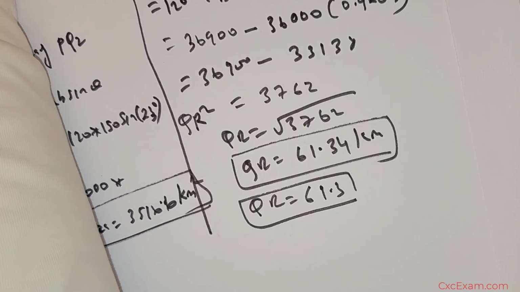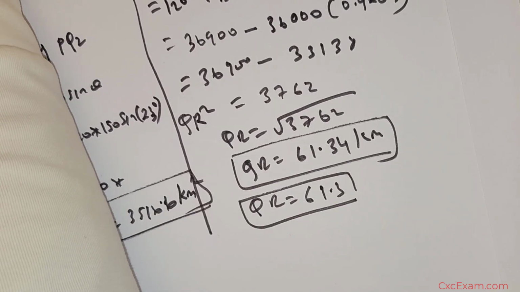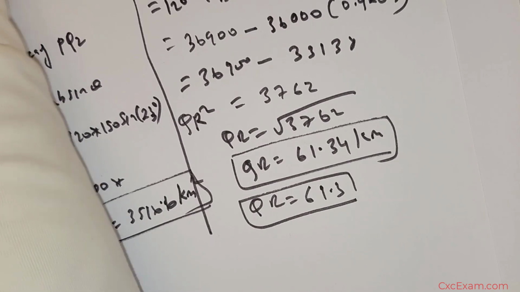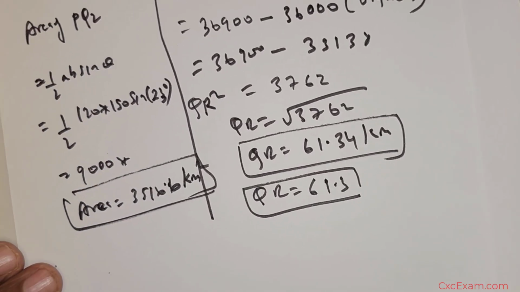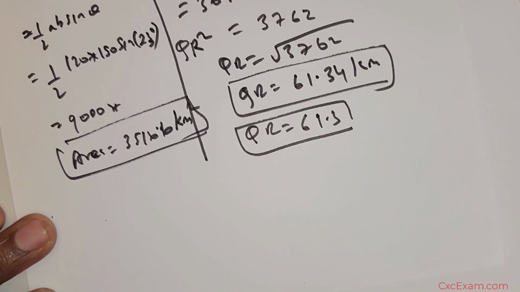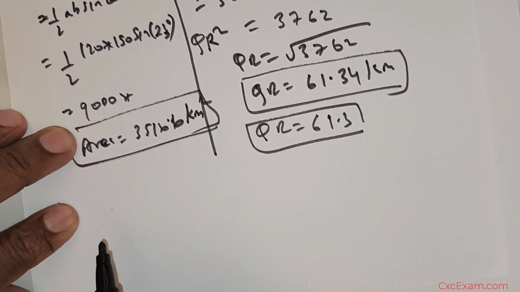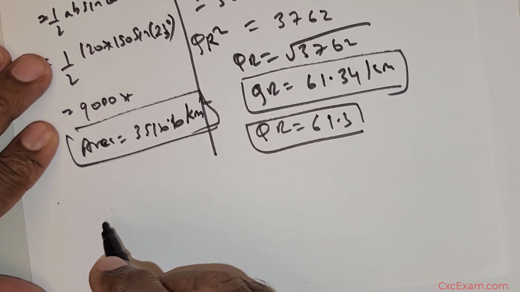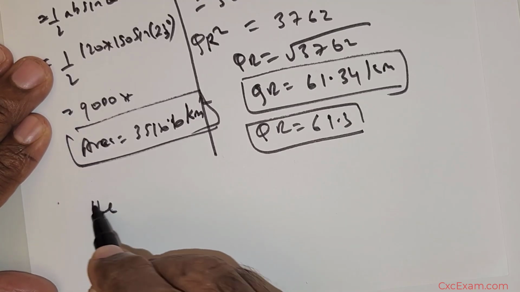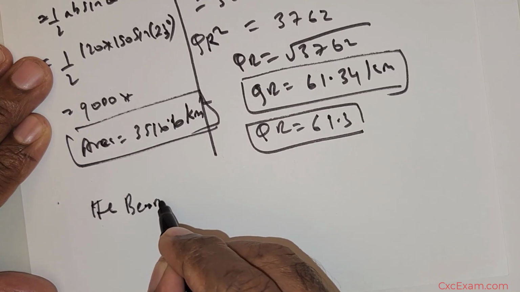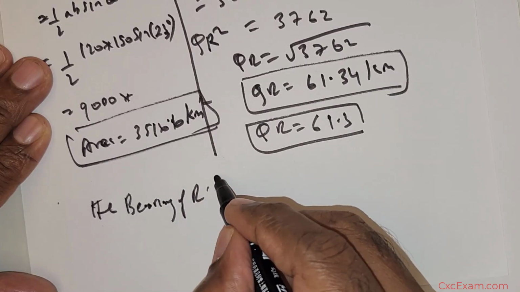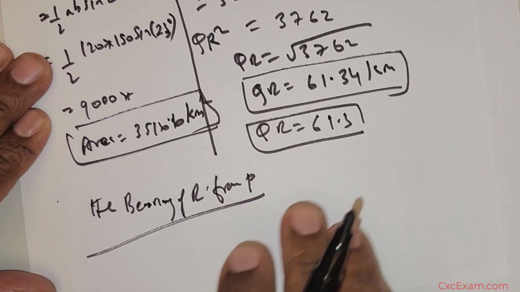Now you have the other part, let me show you the other part. The other part is we are asked to obtain the bearing of R from P. The bearing of R from P. So what is the meaning of this?